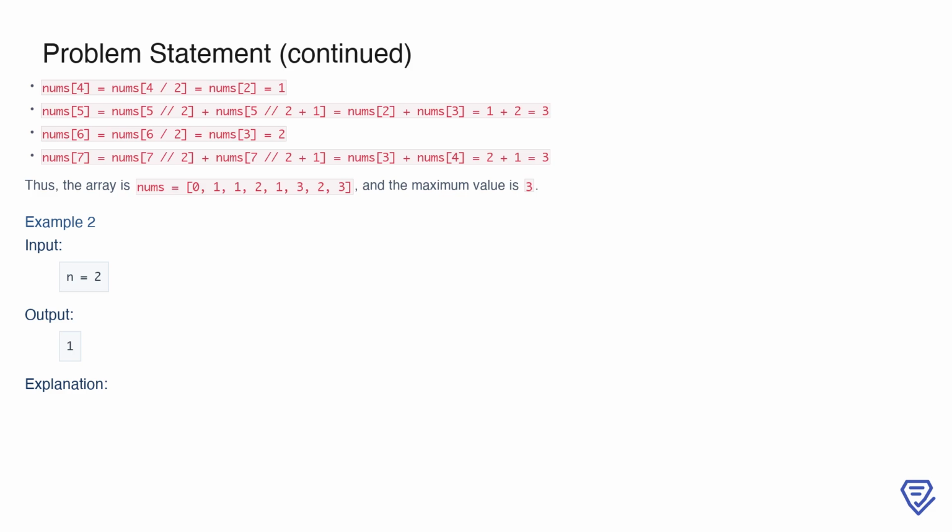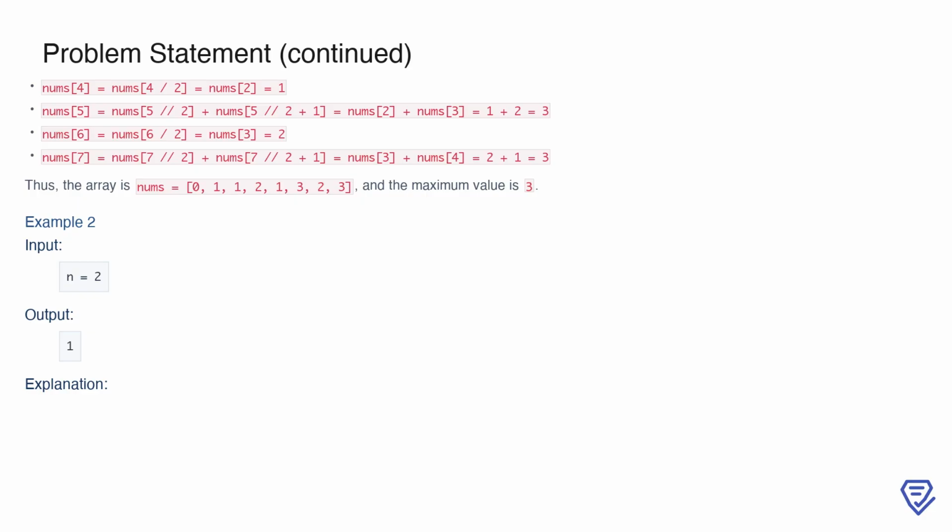Moving to i equals 6, an even number, we have nums[6] equals nums[6/2] equals nums[3] equals 2. Finally, for i equals 7, an odd number, nums[7] equals nums[7/2] plus nums[7/2 + 1] equals nums[3] plus nums[4] equals 2 plus 1 equals 3.